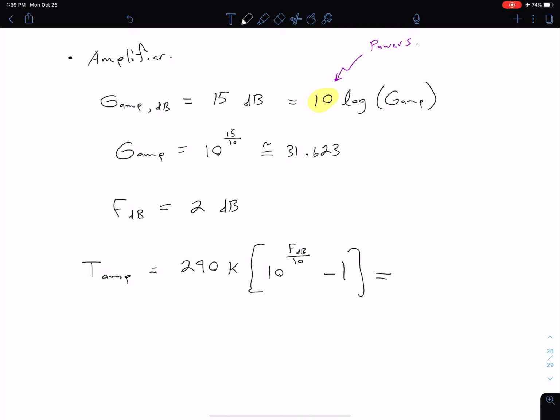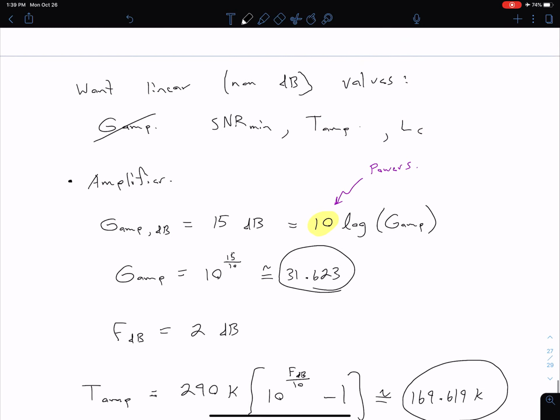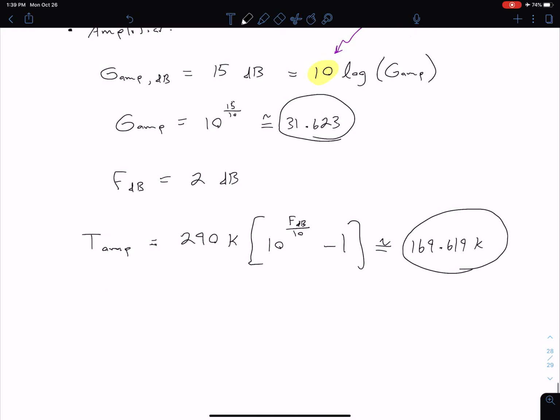If we plug all of that in, we get approximately 169.619 Kelvin. So here we found the gain of our amplifier and the effective input temperature of our amplifier. Let's now look at the minimum signal to noise ratio at our receiver.